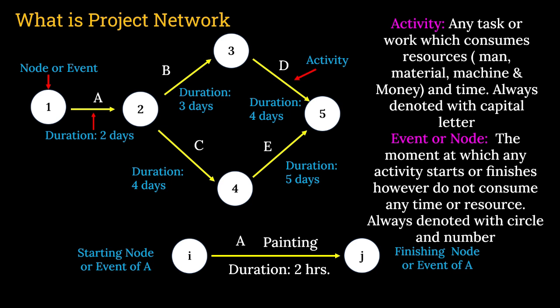And duration is always written like Dij. D is the duration, I and J indicate starting from I and finishing at point J. So Dij is 2 hours in this case. Clear?